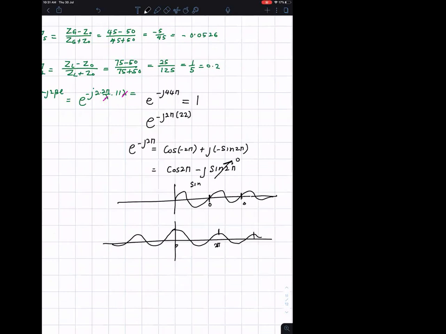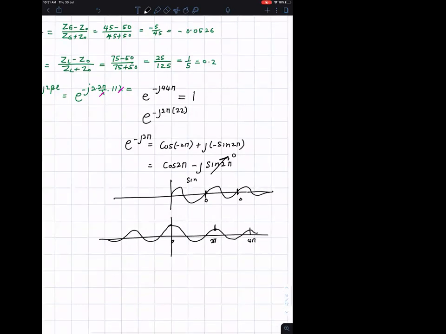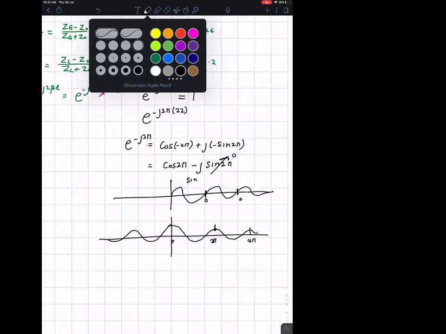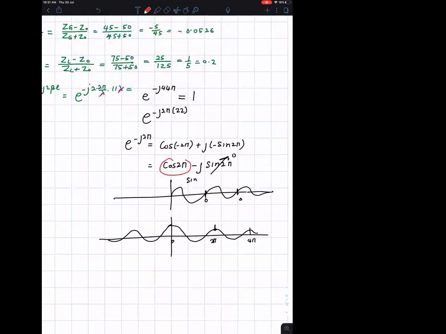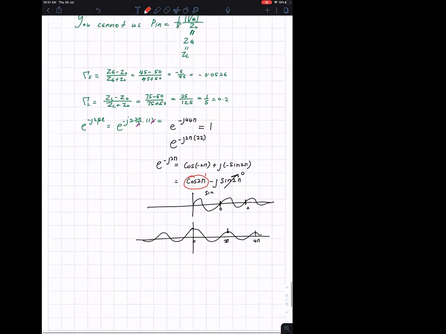And then from here to here is 4 pi. So at every multiple of 2 pi, cosine is 1. So this is 1. So that's why Zach said, yeah, it's 1.